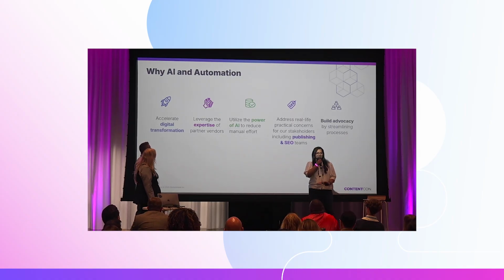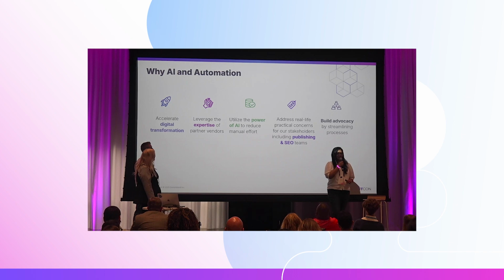So our digital transformation was proceeding at a very steady pace, but around a year back, when we had the prospect of using AI and automation, it was very important because it would help us accelerate our digital transformation, right? And one thing we looked at is what are the areas where a lot of manual effort is being spent.